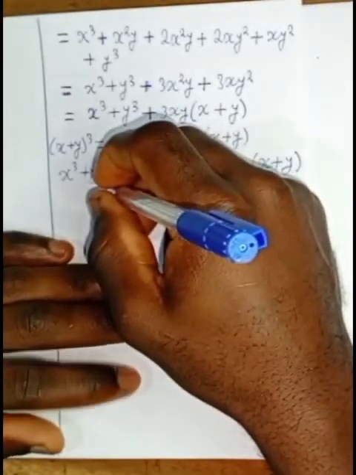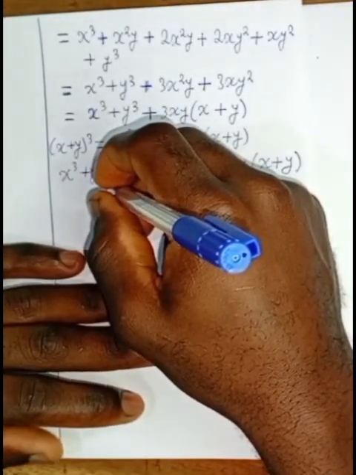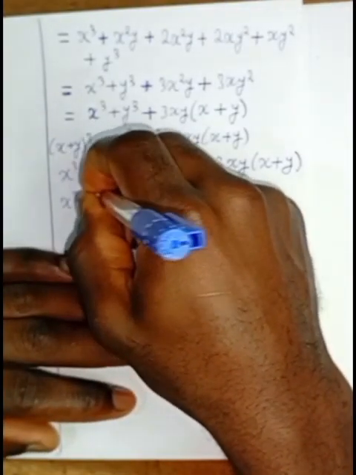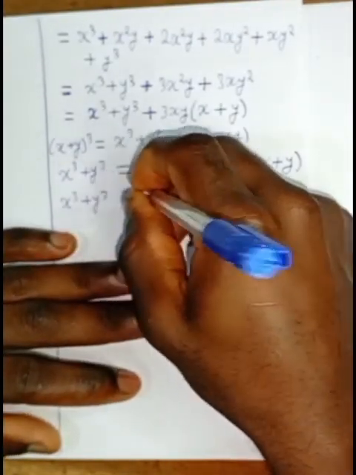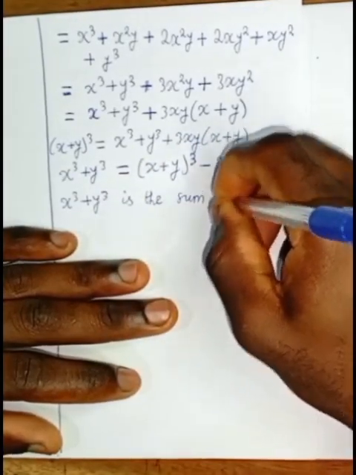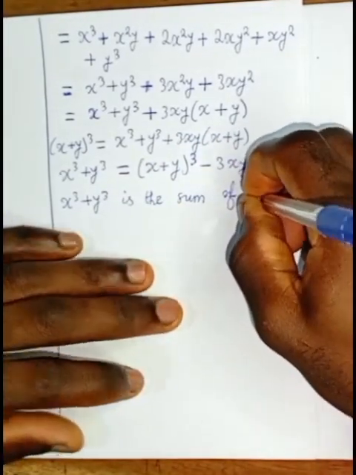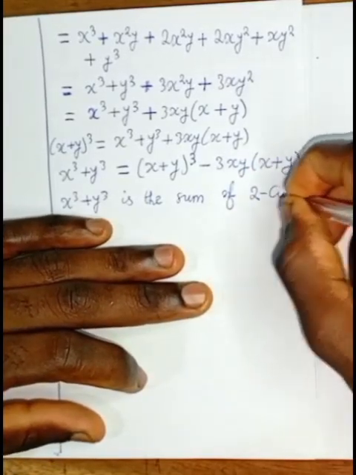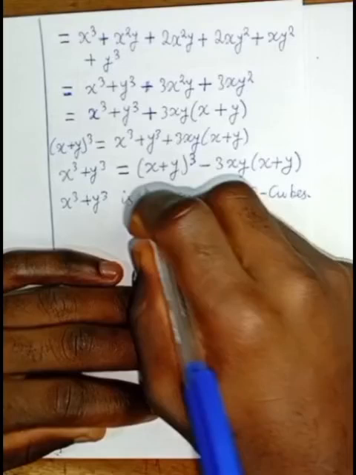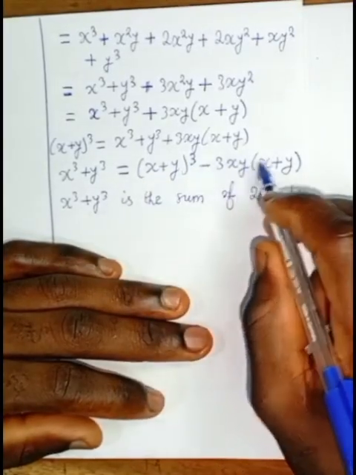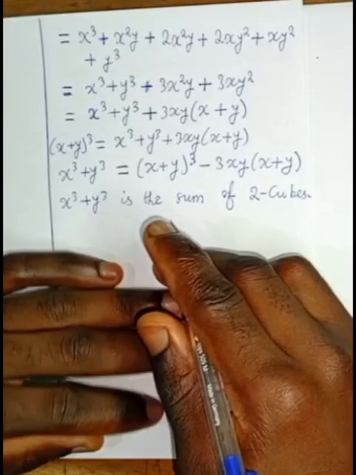This is known as the sum of two cubes. We have x cubed plus y cubed is the sum of two cubes, which is calculated by making use of x plus y all cubed minus 3xy times x plus y.